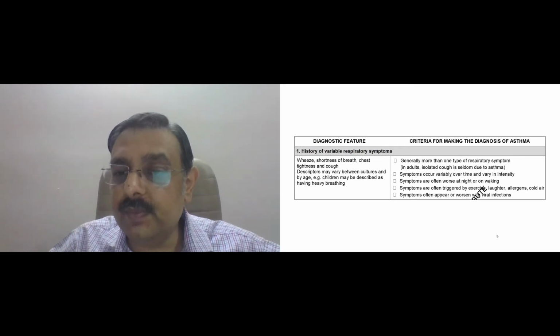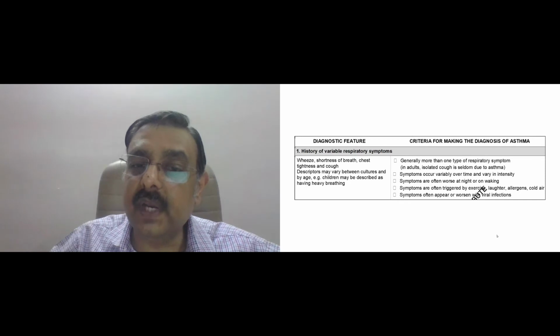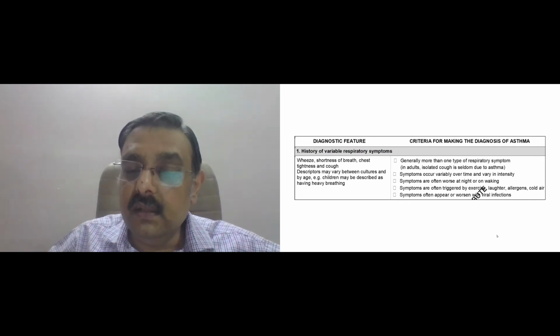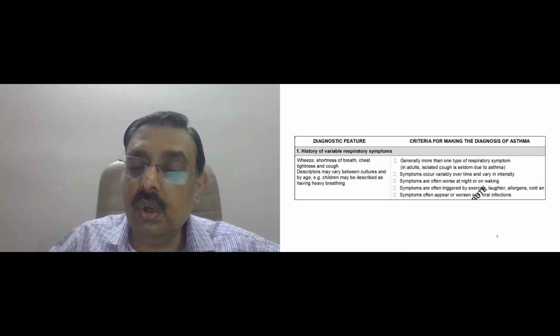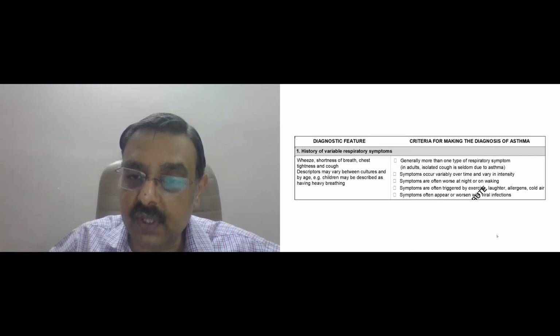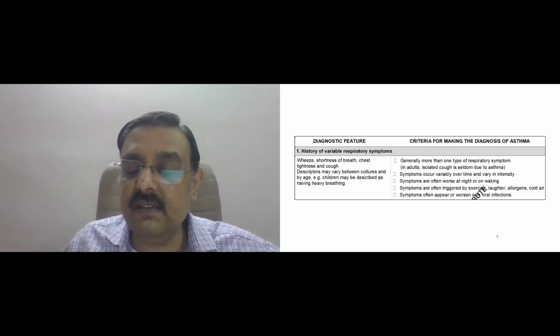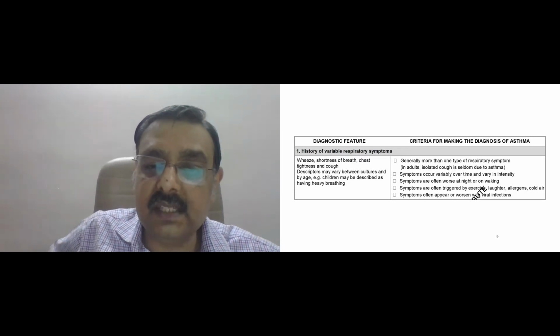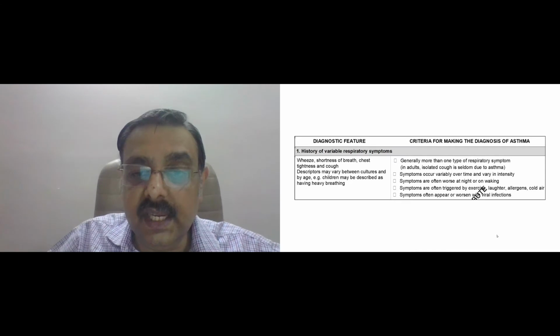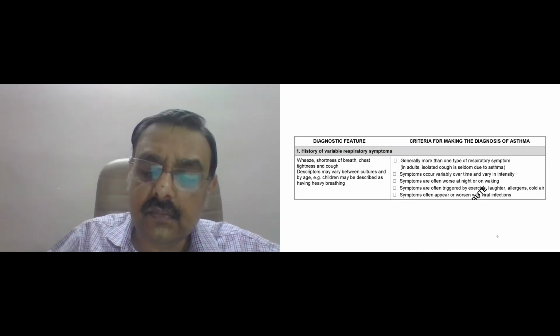The course of the symptoms might be worsening, the course of the symptoms might be improving. There is a nocturnal worsening or on waking up because of the circadian rhythm. There would be triggers like exercise, laughter, allergens, and cold air. And symptoms often worsen or appear with viral infection. So this is a very characteristic presentation of asthma, which everyone does see in clinical practice.